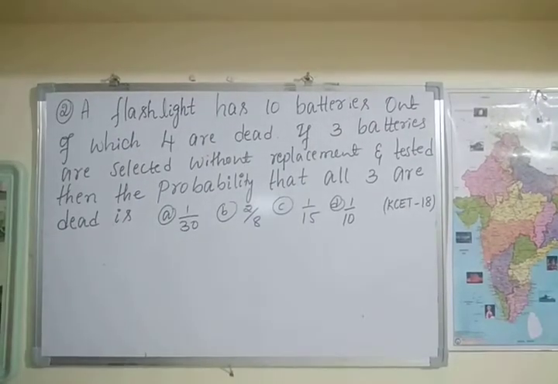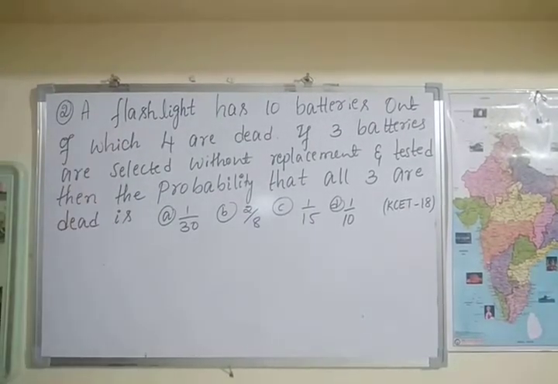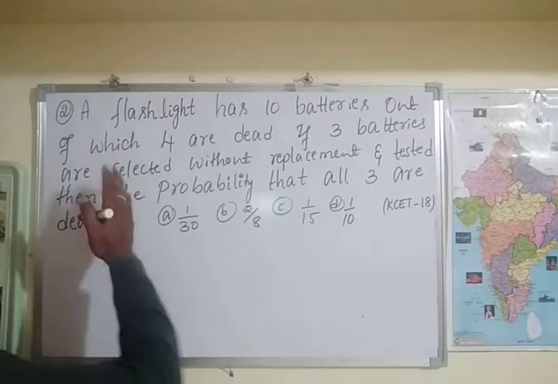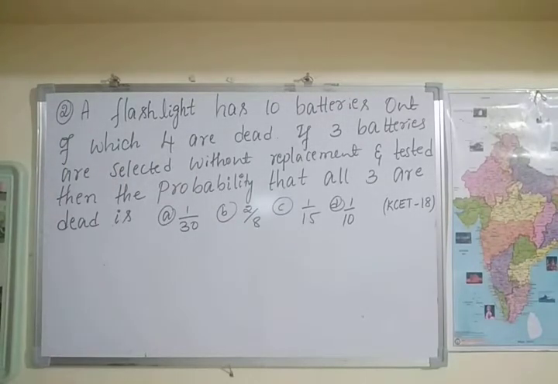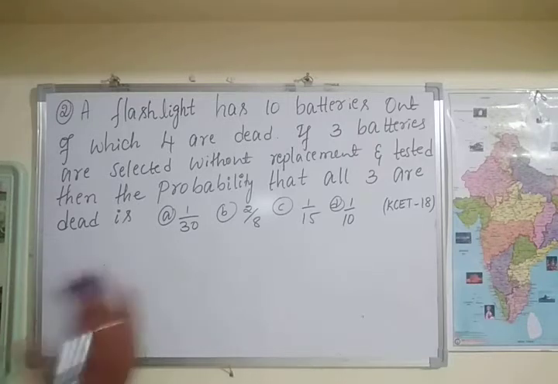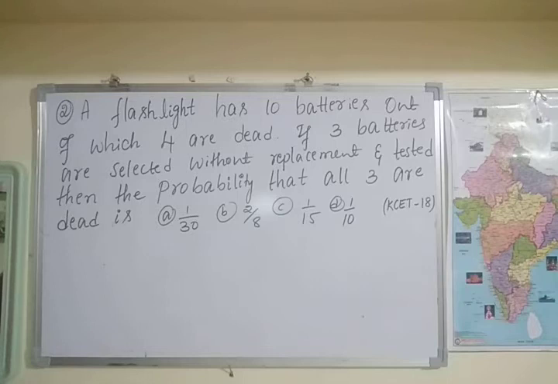So next example: a flashlight has 10 batteries, out of which 4 are dead. If 3 batteries are selected without replacement and tested, then the probability that all 3 are dead is. Here we have 4 options: 1 by 30, 2 by 8, 1 by 15, 1 by 10.